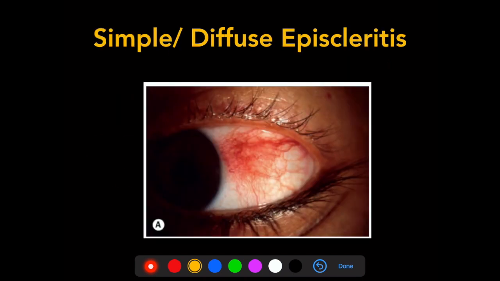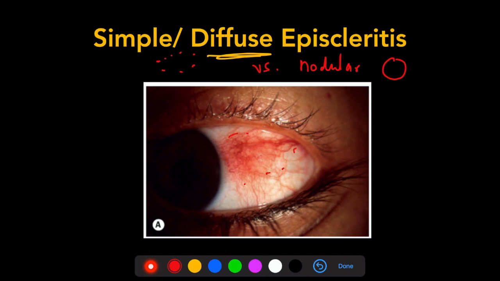Now that's with episcleritis, and you have two types of episcleritis. One is a diffuse episcleritis. When I mean diffuse, I mean that I cannot see the border of inflammation. Diffuse is contrary to nodular. Both are opposites. Diffuse means it's very ill-defined. Nodular means it's well-defined. So diffuse episcleritis will be kind of like this.